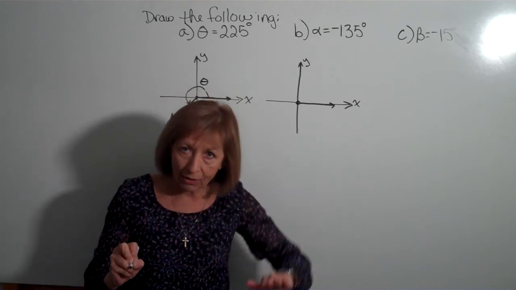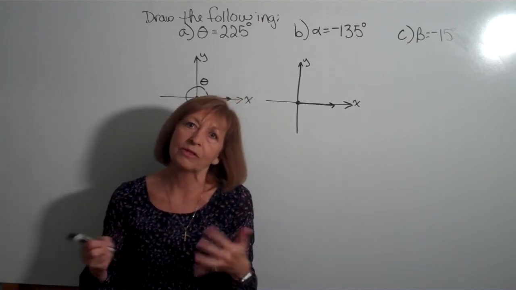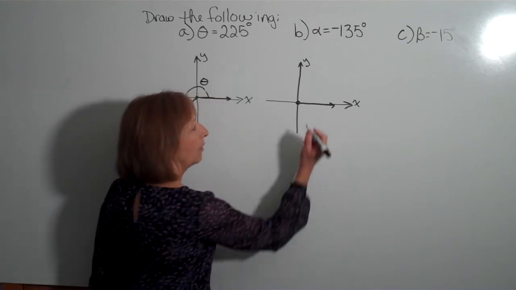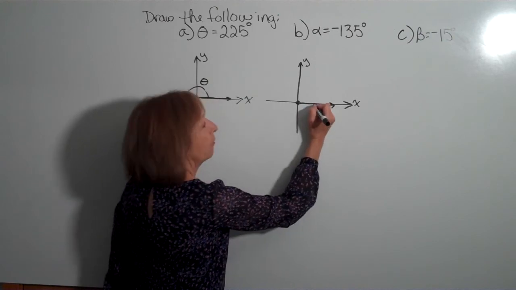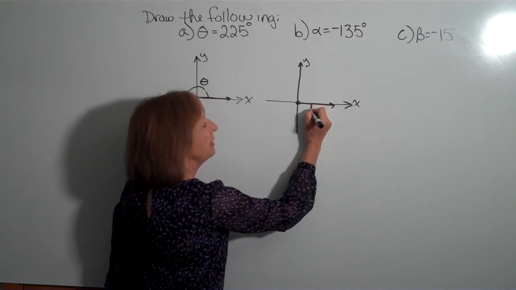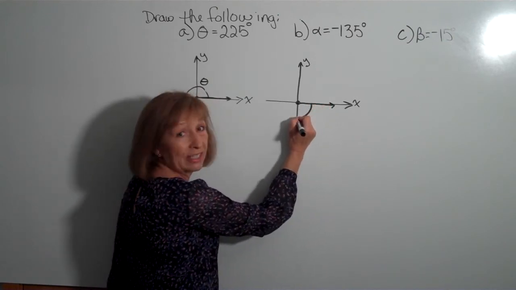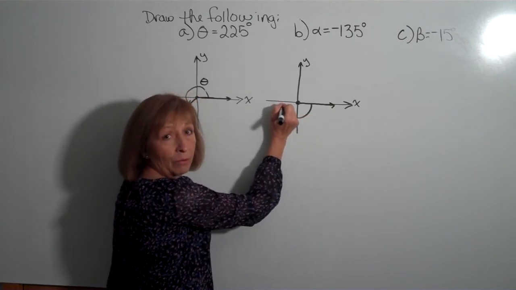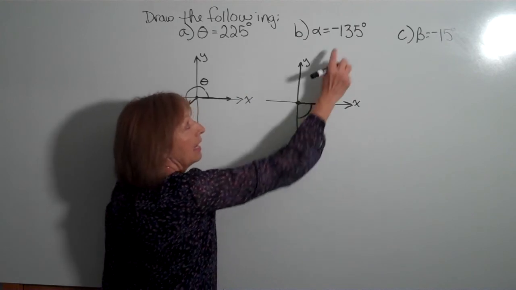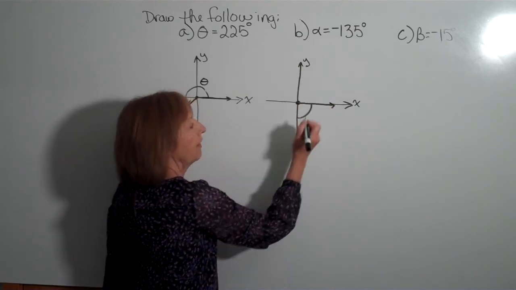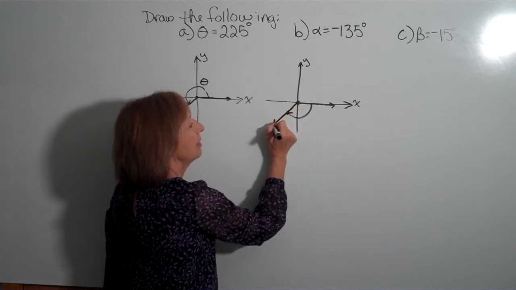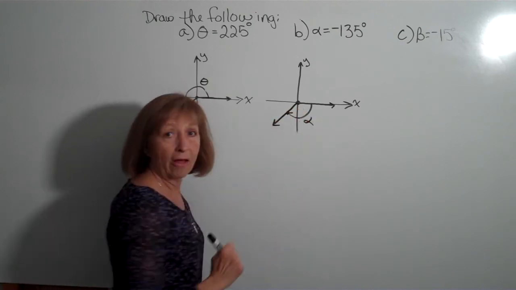So you count your degree measurements with your quadrant degree measurements as you go. If I'm going down just to here, that's just negative 90 degrees. I need to keep going. But if I went all the way to there, that would be negative 180 degrees. And I just want to be at negative 135 degrees. So I'm going to go about there to get my angle alpha.